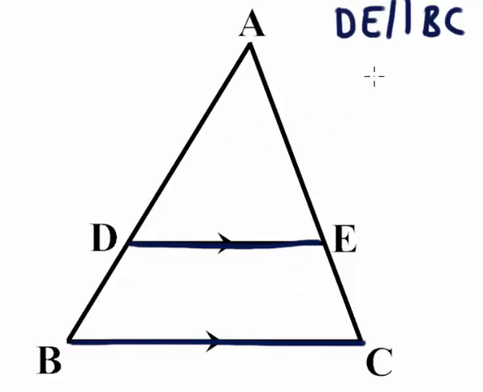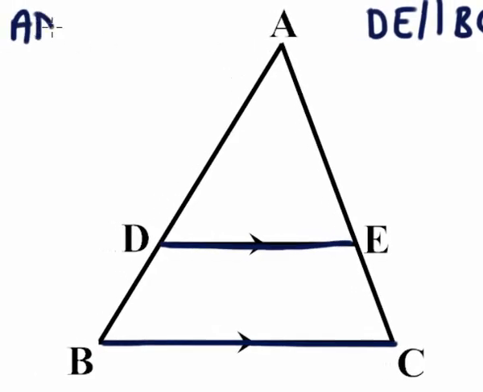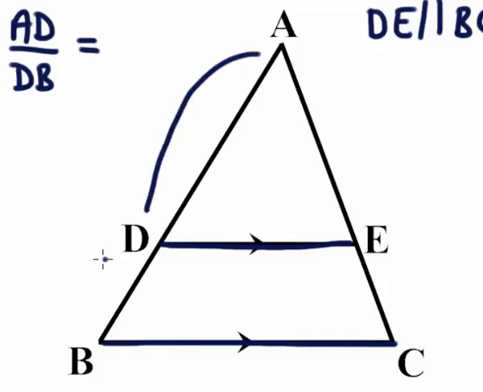What it really means is this: if DE is parallel to BC, then whatever the length of AD is, if you take AD divided by DB, that is actually the same as AE over EC.